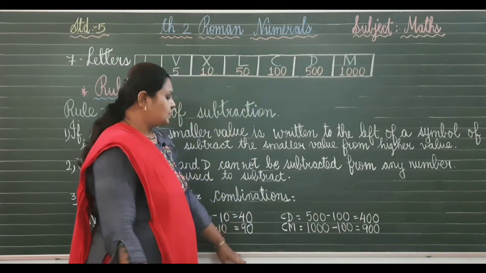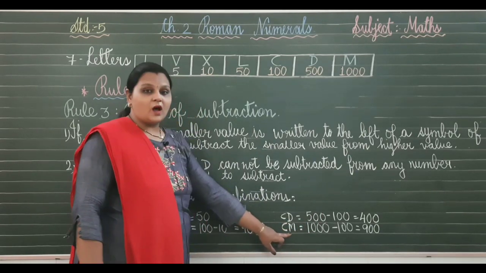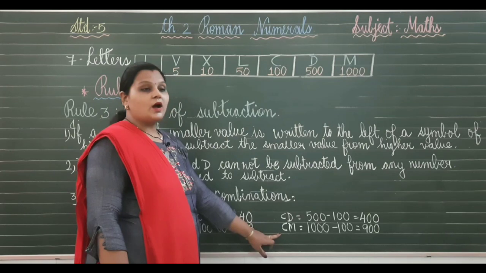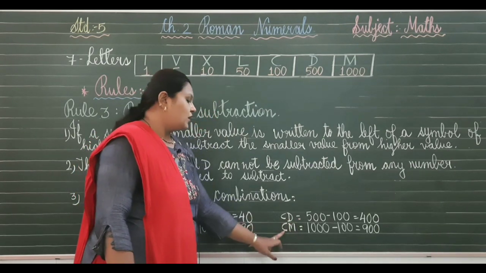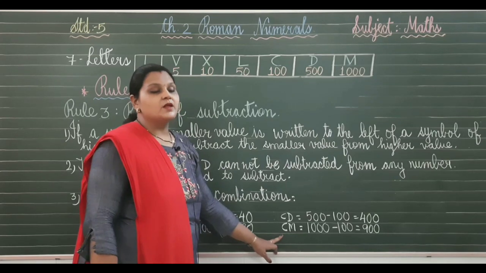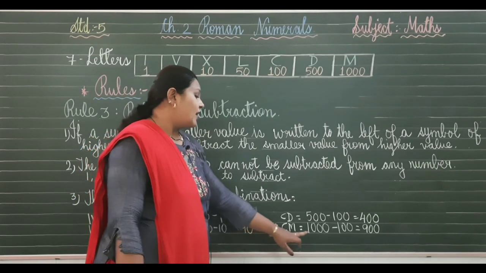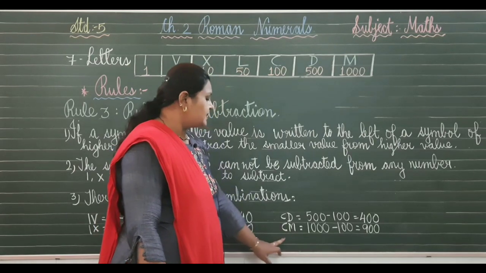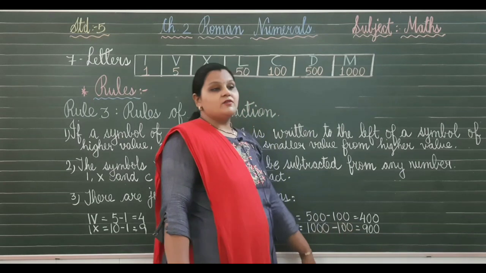Next, CM. Now M stands for 1000, C stands for 100. So 1000 is a greater value and smaller value is given to the left side. So what you will do? Yes, subtraction. 1000 minus 100, that is 900.